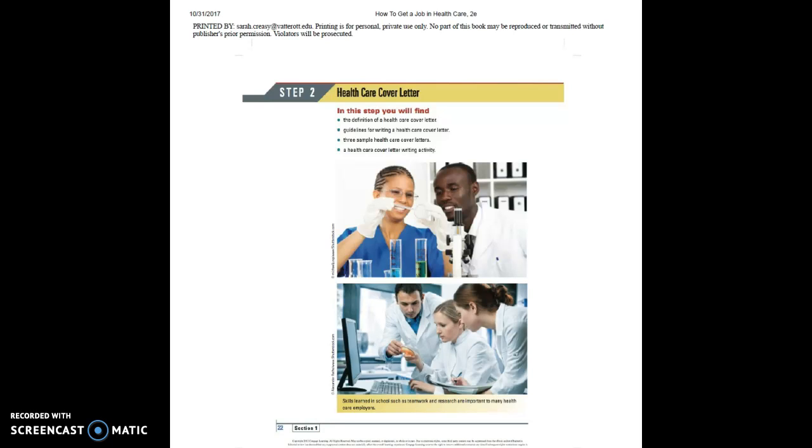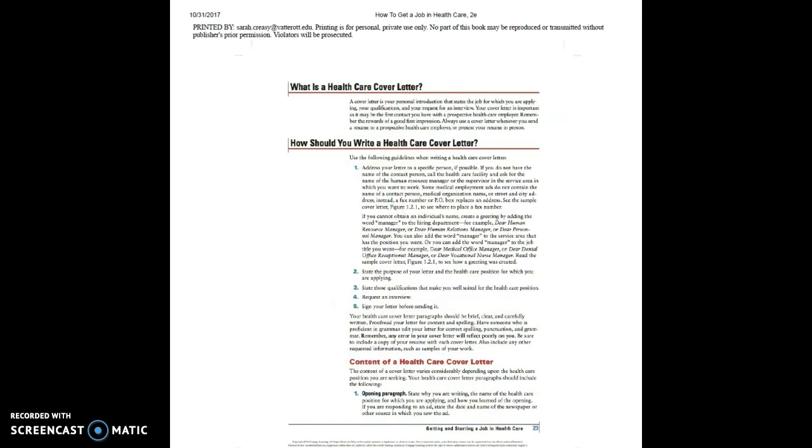It's really important that your resume and your cover letter and things like that are up to par when you decide to go out and start looking for a position. So first of all, they're going to talk about what is a healthcare cover letter, and how you write one. Keep in mind the purpose of this healthcare letter. It's to give a brief overview without having to go to the resume, right, for some certain things.